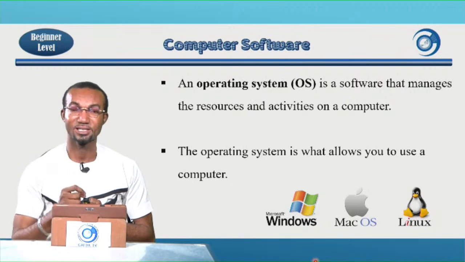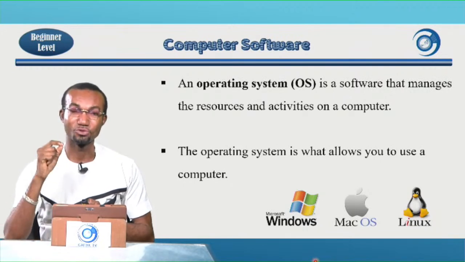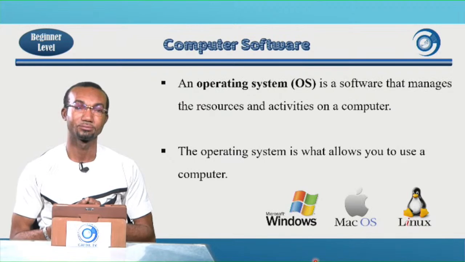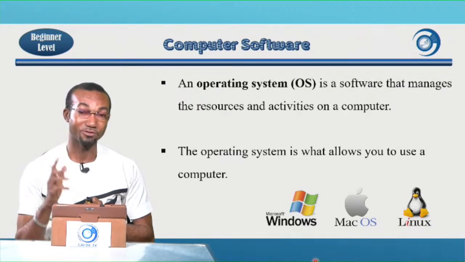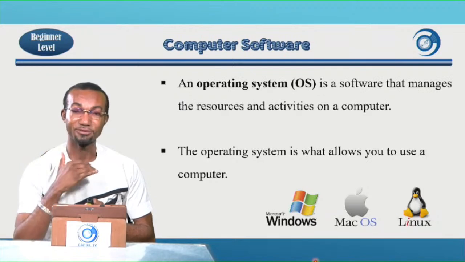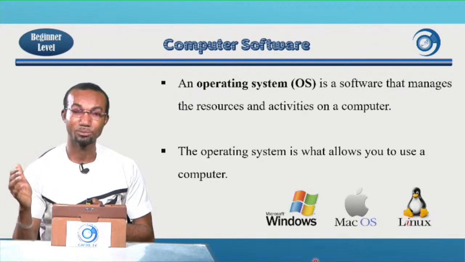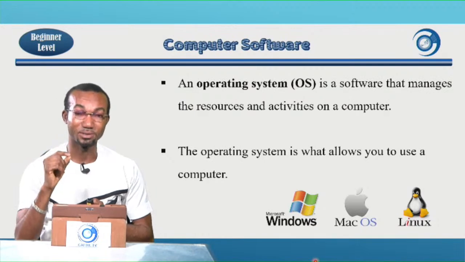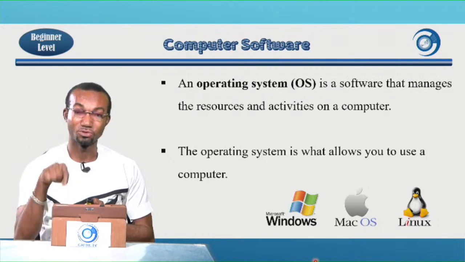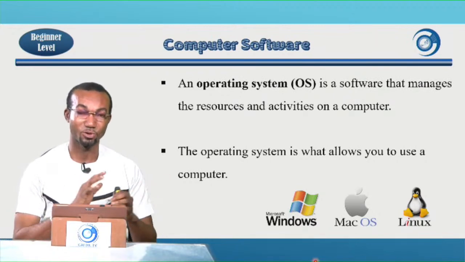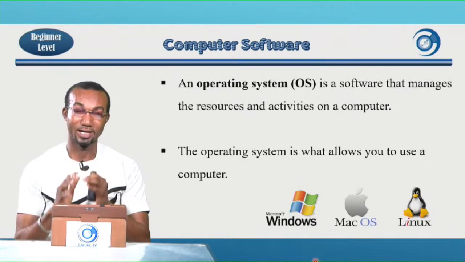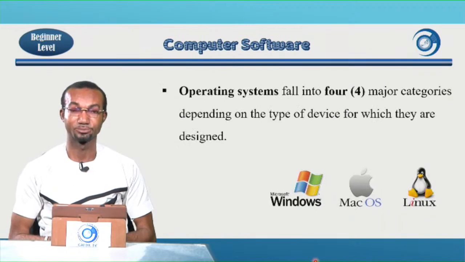The operating system is what allows you to use a computer. For the first time, if you buy a fresh PC, a phone, a laptop, or a desktop, the operating system is what allows you to use the computer, and it manages the resources and activities on the computer.